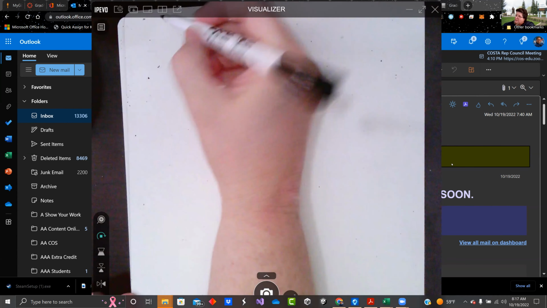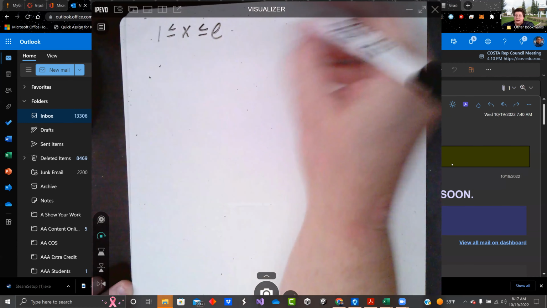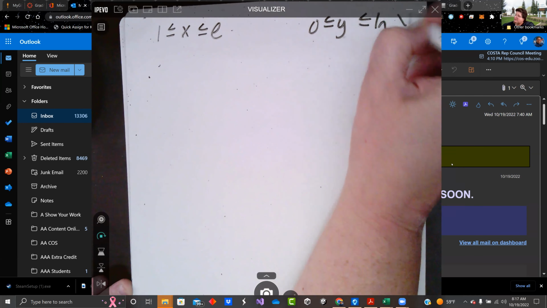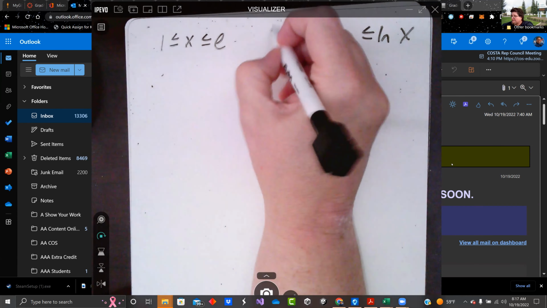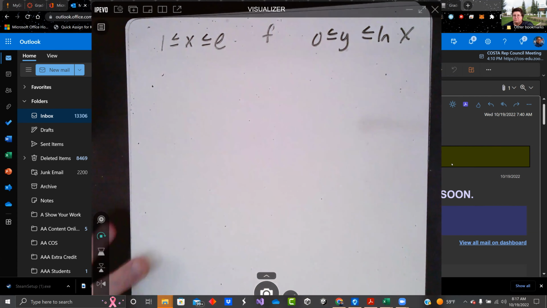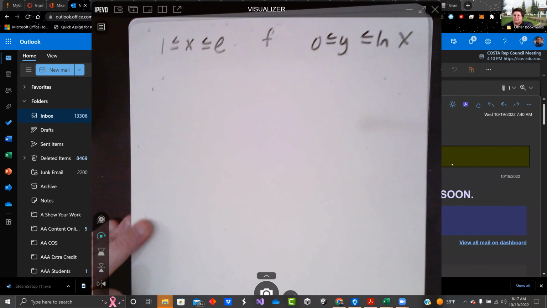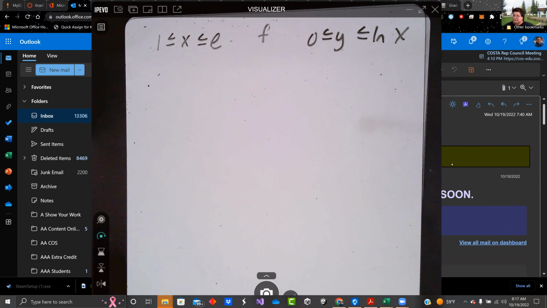But otherwise, we're going to do the same thing. Our region is going to be 1 is less than or equal to x, less than or equal to e, and 0 is less than or equal to y, less than or equal to ln of x. And our function will still be f. We're not doing any integration right now. The hardest part I want to get through is trying out different regions, to get you more comfortable with that.